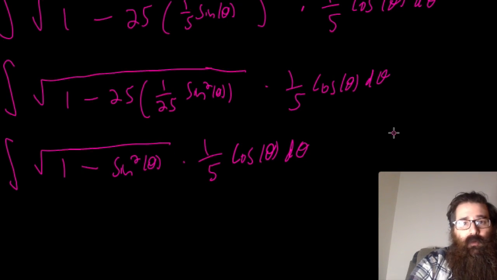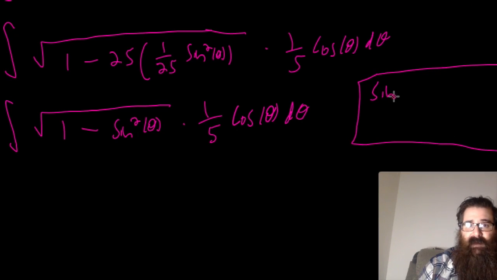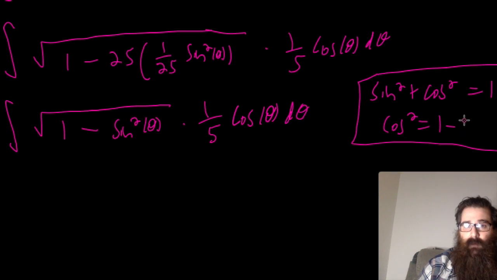And now I can work with America's favorite trigonometric identity. You know that sine squared plus cosine squared is equal to 1. So then if I subtract over, we say cosine squared is equal to 1 minus sine squared.